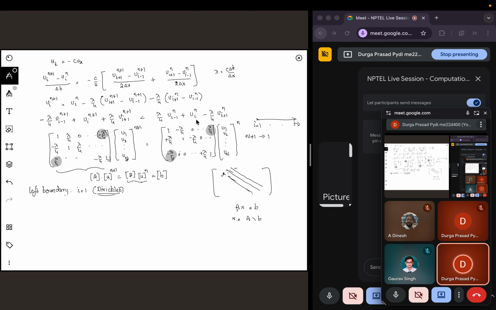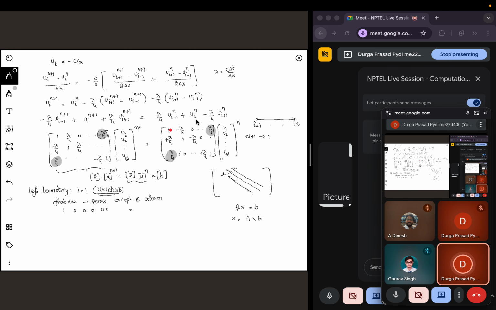Which means we do not have to solve for this particular variable at all. u1 is something that we do not have to solve for. If you are not trying to solve that, then we don't need any coefficients here. So basically all these coefficients have to be 0. So the entire first row, we just replace with zeros whenever we have a Dirichlet condition, because we are not actually solving for that. Except for that particular column, so here for u1, the entry will be 1 and everything else becomes zeros.